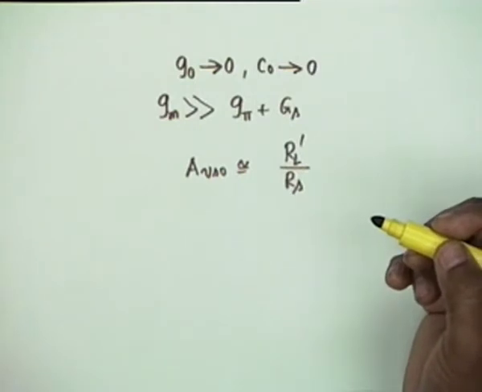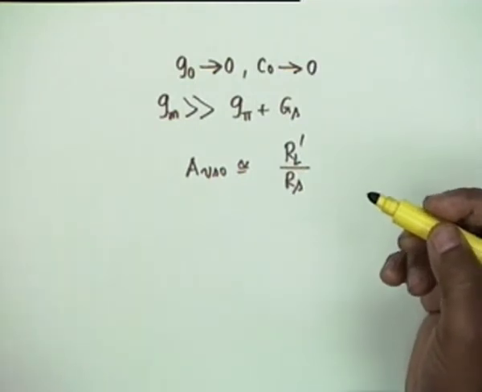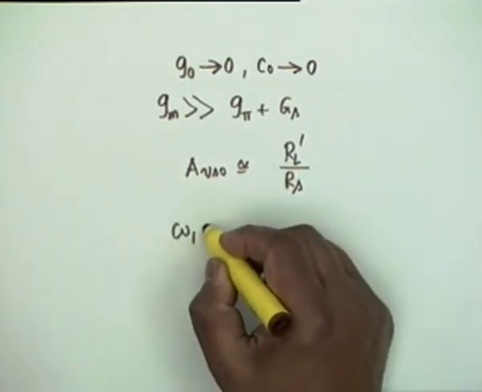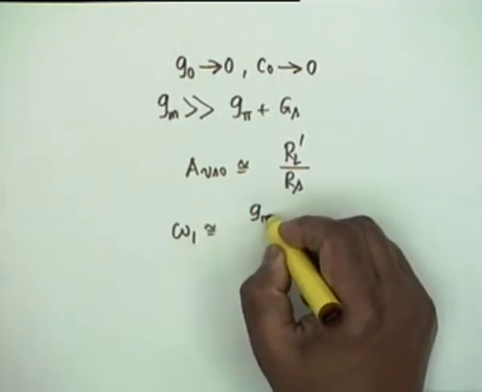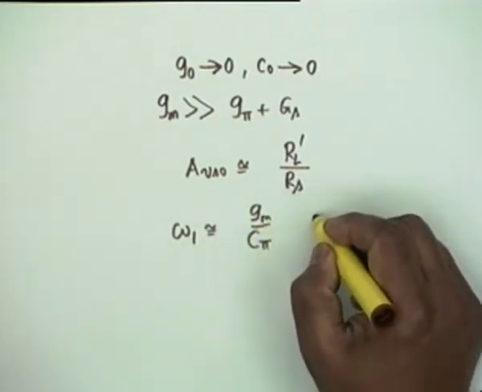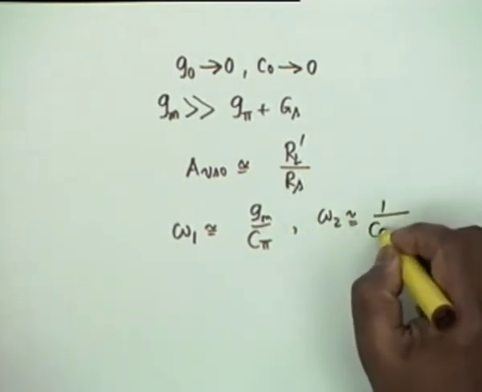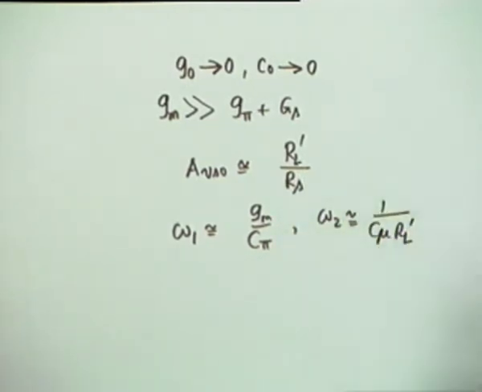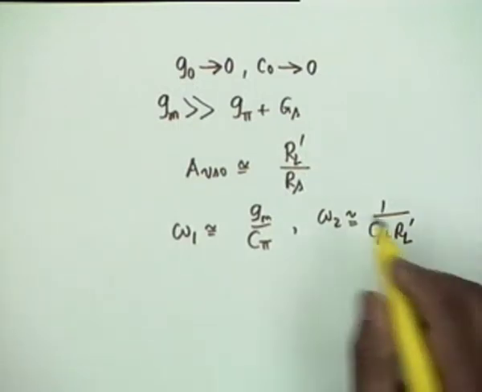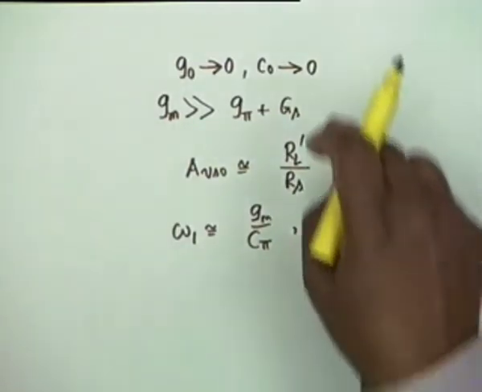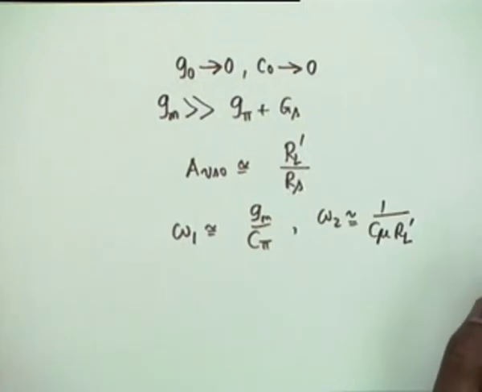This result we had derived earlier. Omega 1 is approximately equal to Gn by C pi, and omega 2 is approximately equal to 1 over C mu RL prime. These are the final results under these simplifications.